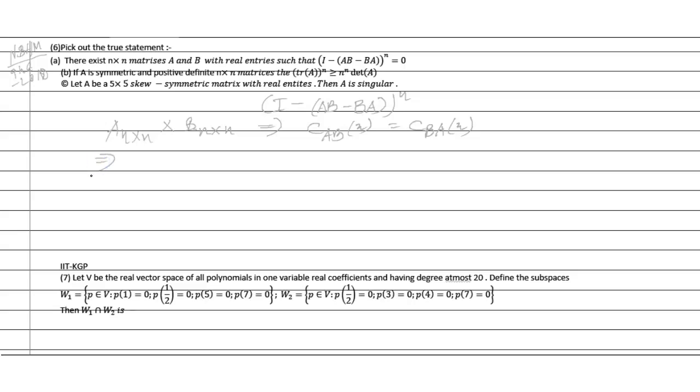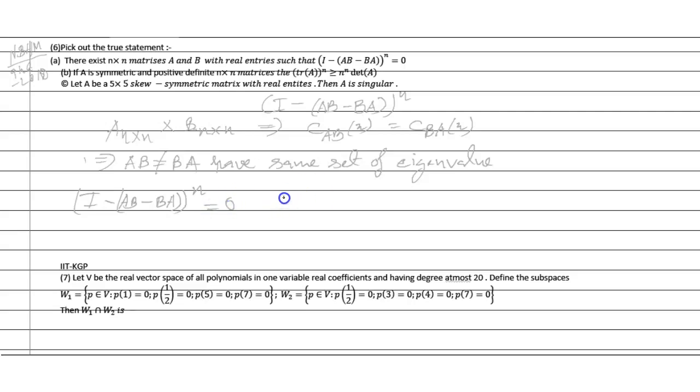That implies AB, though AB does not equal BA, have same set of eigenvalues, and (I minus (AB minus BA)) whole to the power n equals to 0.